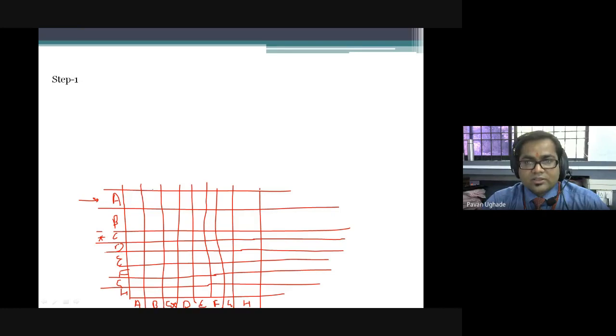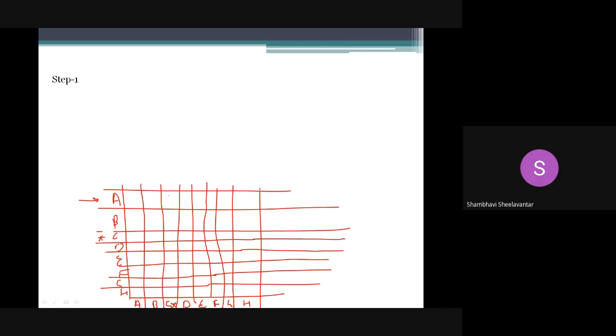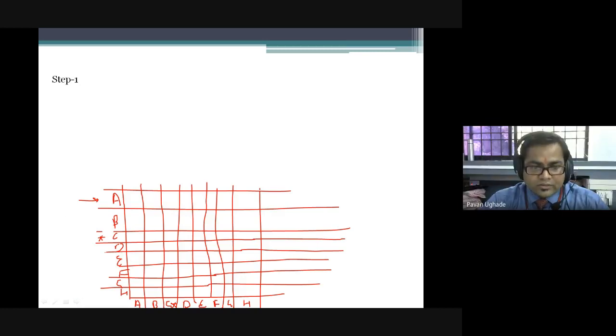So if I see here what I'm doing, I'm comparing whether state A is equivalent to state A. Actually they are equivalent, so I don't require this cell. In the same fashion, I won't require this cell B. In the same way, C is equivalent to C, D is equivalent to D, E is equivalent to E, F is equivalent to F, G is equivalent to G, and H is equivalent to H.